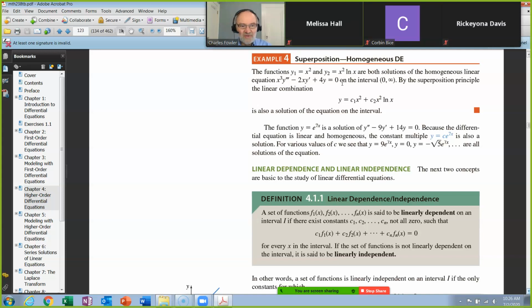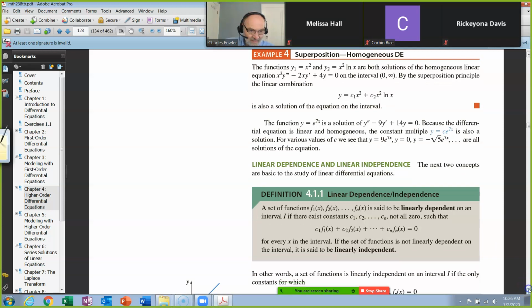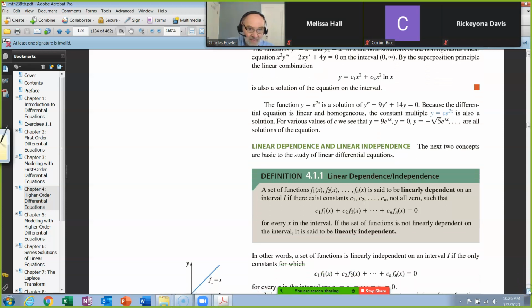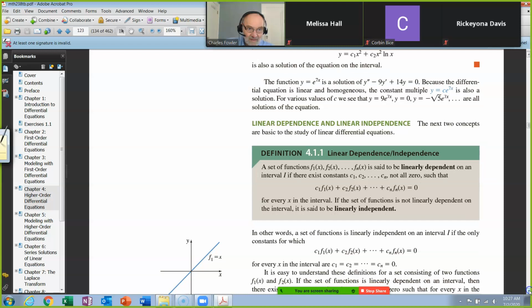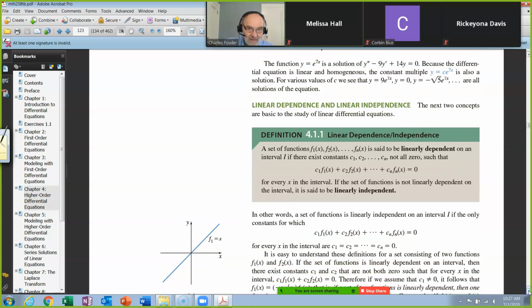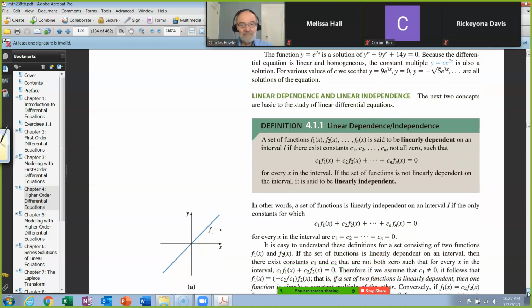Okay, so let's move on to the next little vignette here. Here's a function, y equals e to the 7x, and they tell you it's a solution for y double prime minus 9y prime plus 14y equals 0.